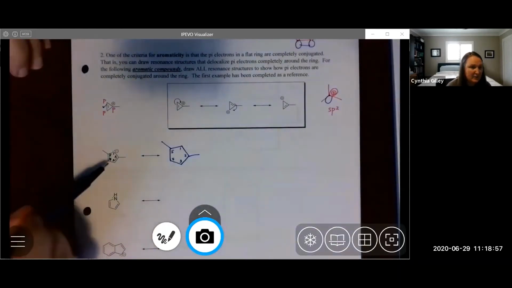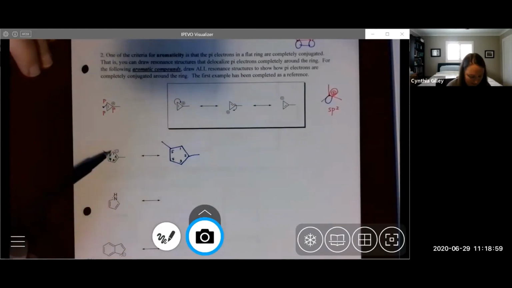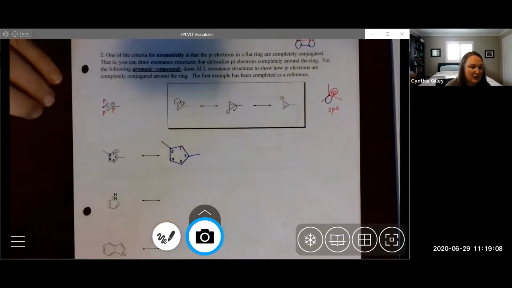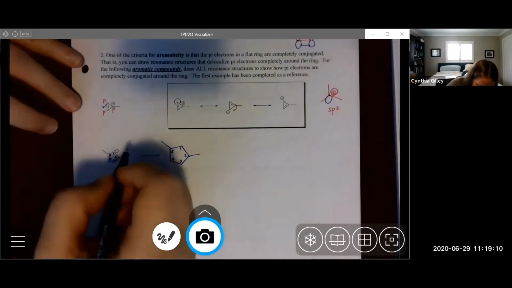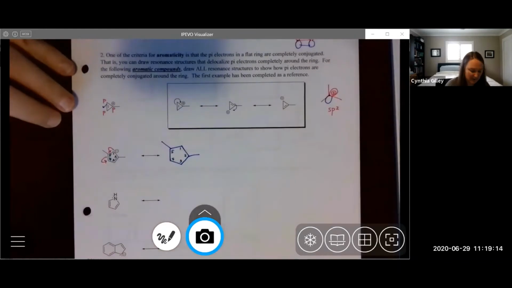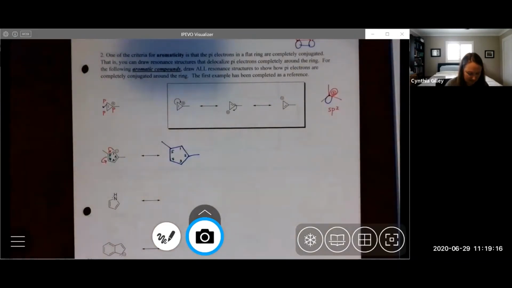So resonance contributor number 1 has the lone pair negative charge on carbon number 1. But now I'm going to start moving it around. I can go clockwise or counterclockwise, it doesn't really matter. I'll go counterclockwise just to show that's fine. I'm going to move the lone pair now to carbon number 4.